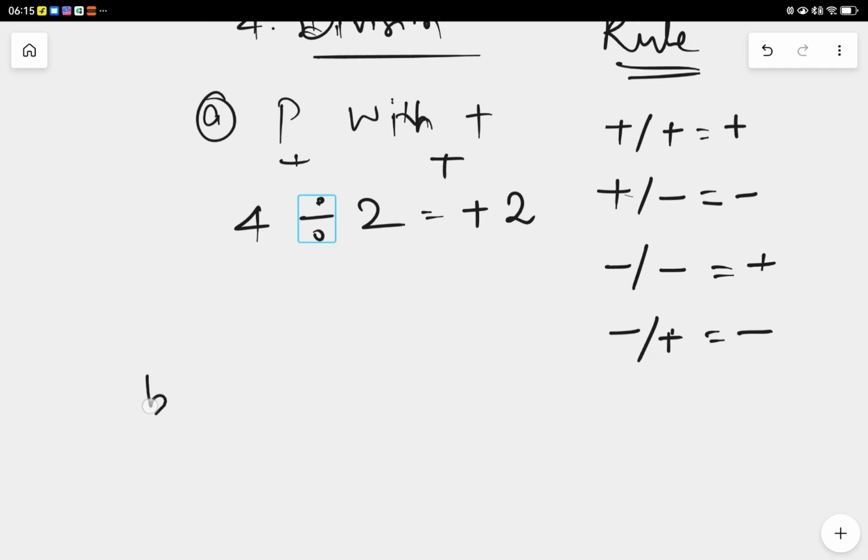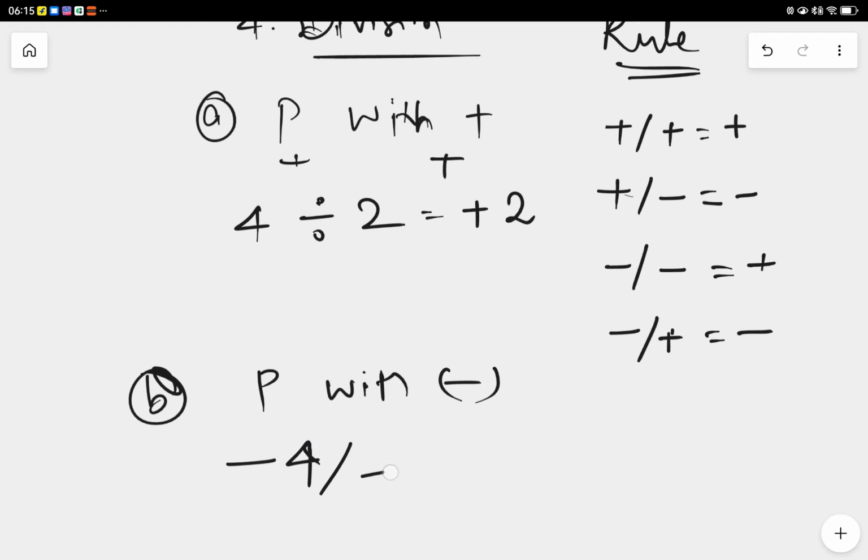B, positive with negative. If I write -4 divided by +2, this is minus divided by plus. The answer is, you take the sign as minus, and 4 divided by 2 is 2, hence the answer is -2.